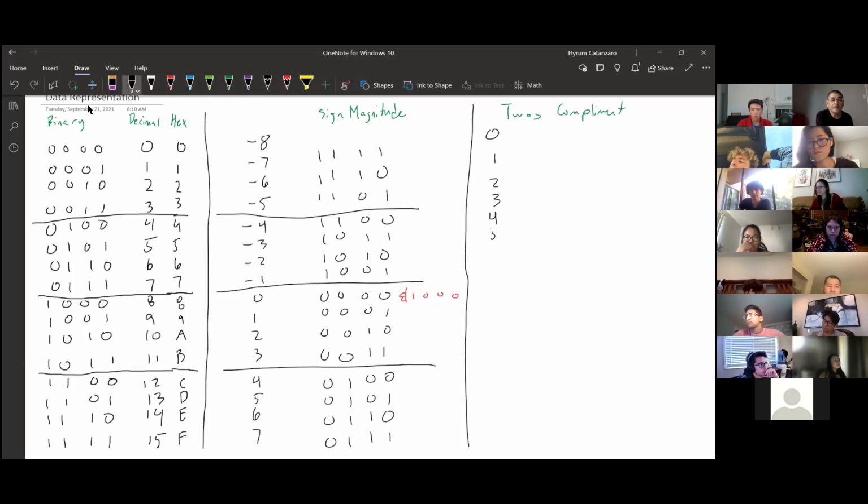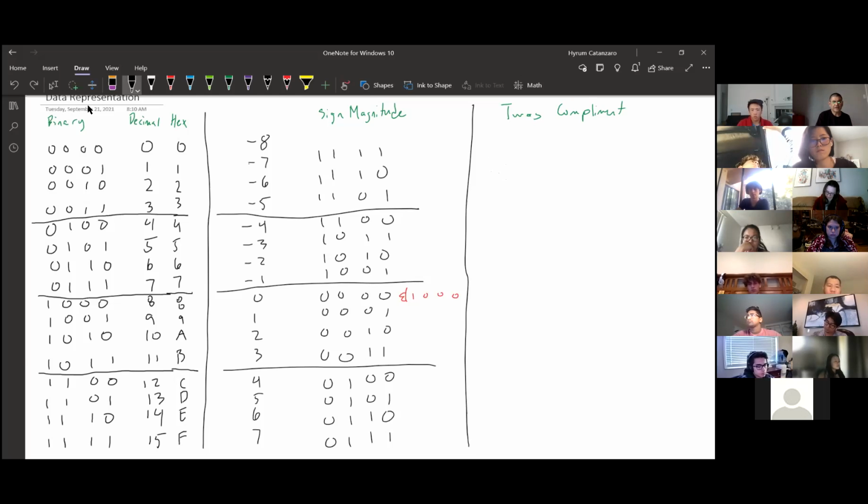Okay. In two's complement, you want to do the same thing. Same numbers as you have on the left. You can use the same column, so you can use that already. You just need to fill out the representation. So let's start in the bottom and say it's 0 to 7.